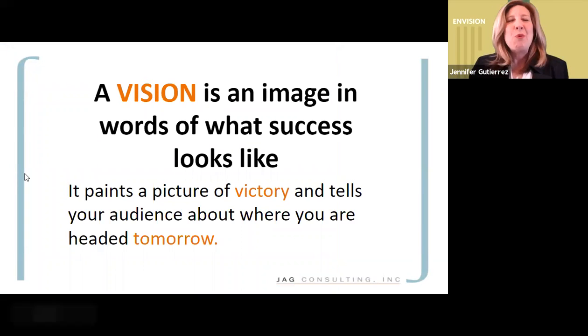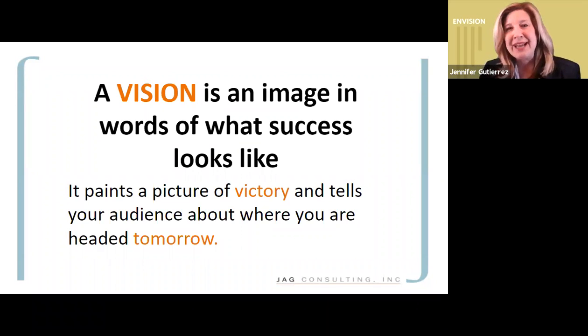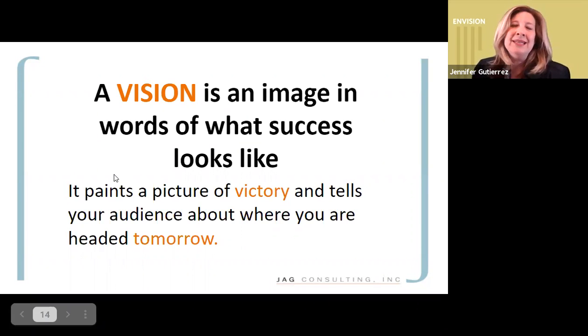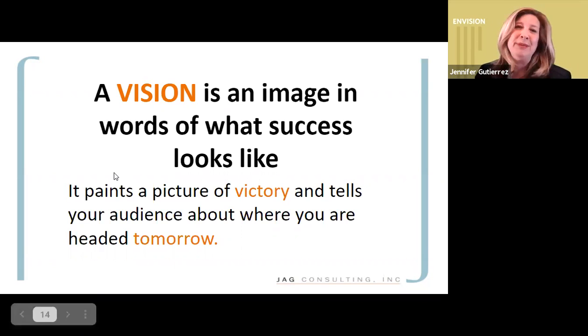So what comes before building your church? A vision is an image in words of what success looks like to you. And it's more than just, as you know, it's more than just the church building. It has to do with what you see in your mind's eye about how that will be used.